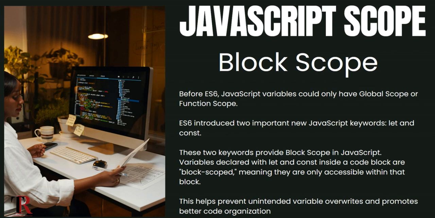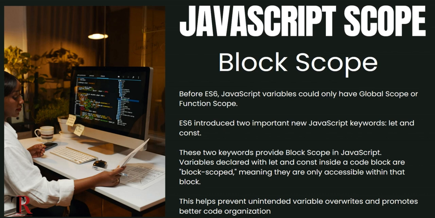Before ECMAScript 6, JavaScript variables could only have global scope or function scope. What gave rise to block scope in particular was the two new keywords introduced in ECMAScript 6 for declaring variables. Before ECMAScript 6, the only way to declare a variable in JavaScript was using the var keyword.